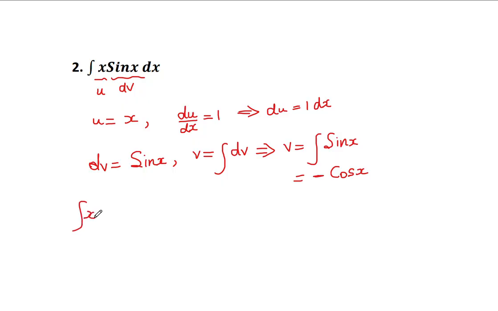So therefore, the integral of x sine x dx, meaning with respect to x, we know would be equal to uv minus the integral of v du. So this is the integration formula for integration by parts: uv minus the integral of v du.